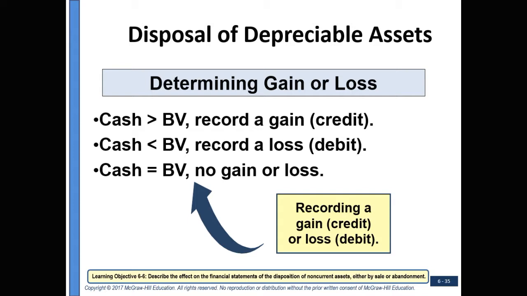You will have a credit. However, if cash is less than the book value, you will have a loss, which will be a debit. In the event that you receive the exact same amount of cash as book value, then there is no gain or loss. It's just a break-even type of situation.